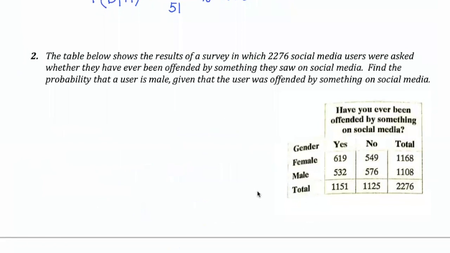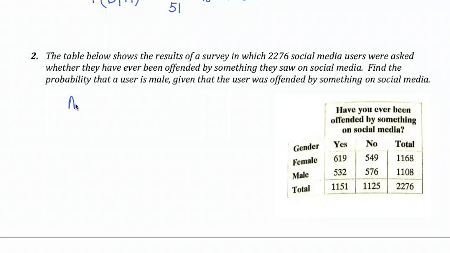In a slightly different example here, we've got a table of values of survey results from 2,276 social media users, and they were asked whether or not they've been offended by something they saw on social media. We're asked to find the probability that a user is male, given that, so this is the thing that's already happened, the user was offended.